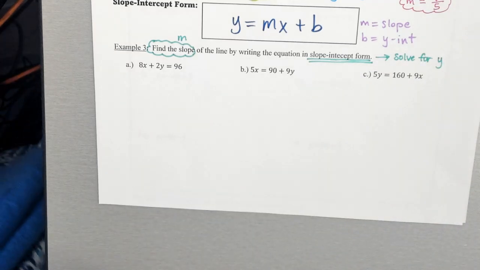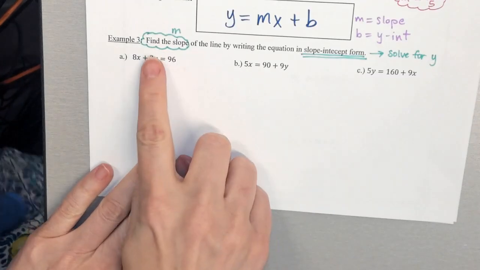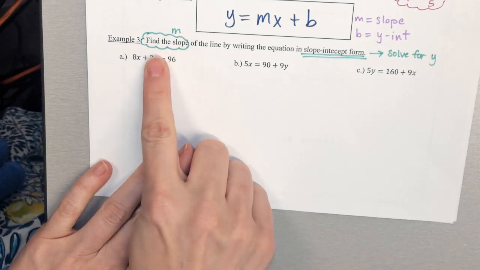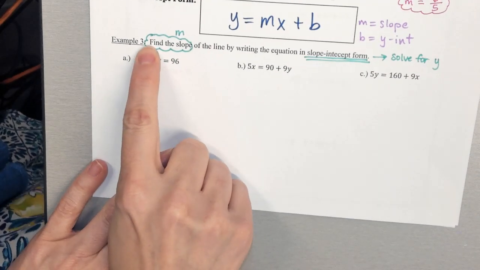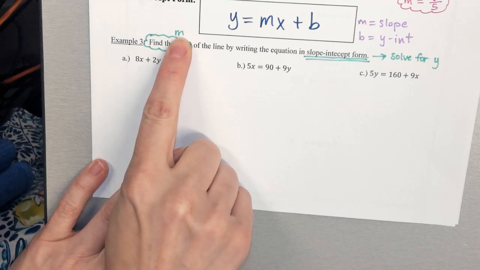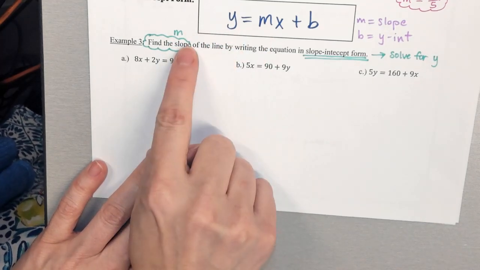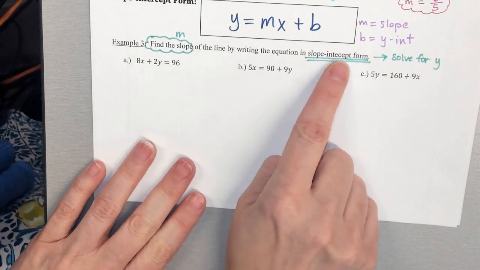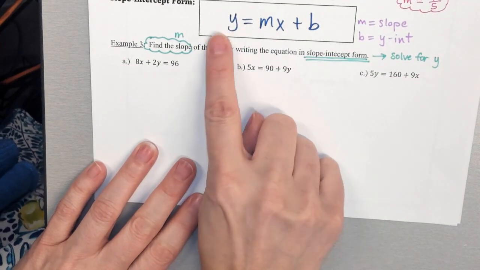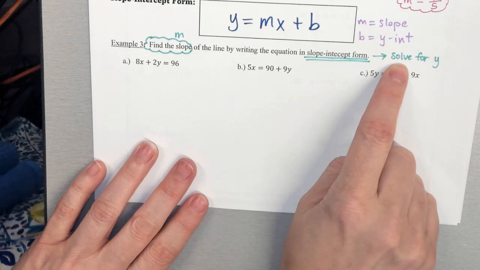Okay, so I'll give you a minute to write down this. So what I'm doing is some annotation. When it says find the slope, you should be thinking, okay, I have to find this m value, what's in front of x, by writing the equation in slope-intercept form, which means that you're going to solve it for y.